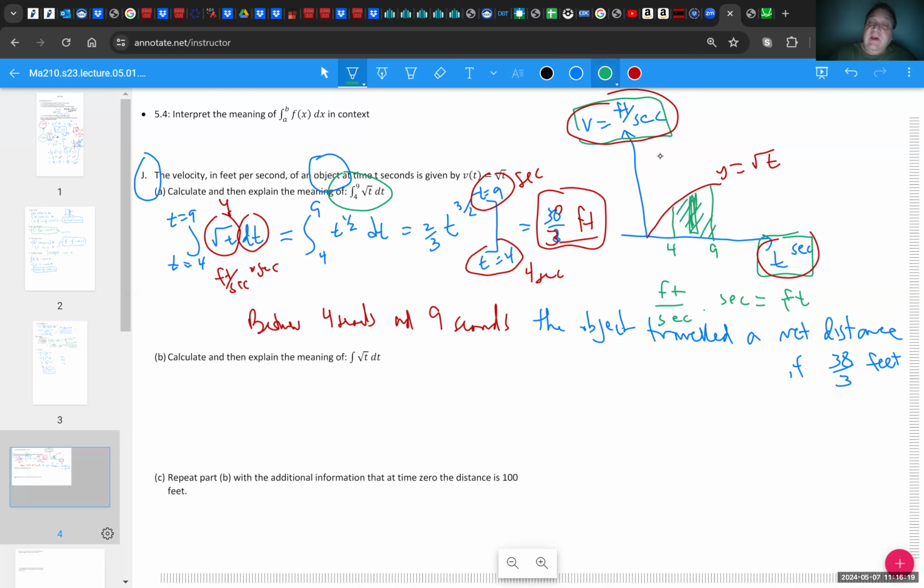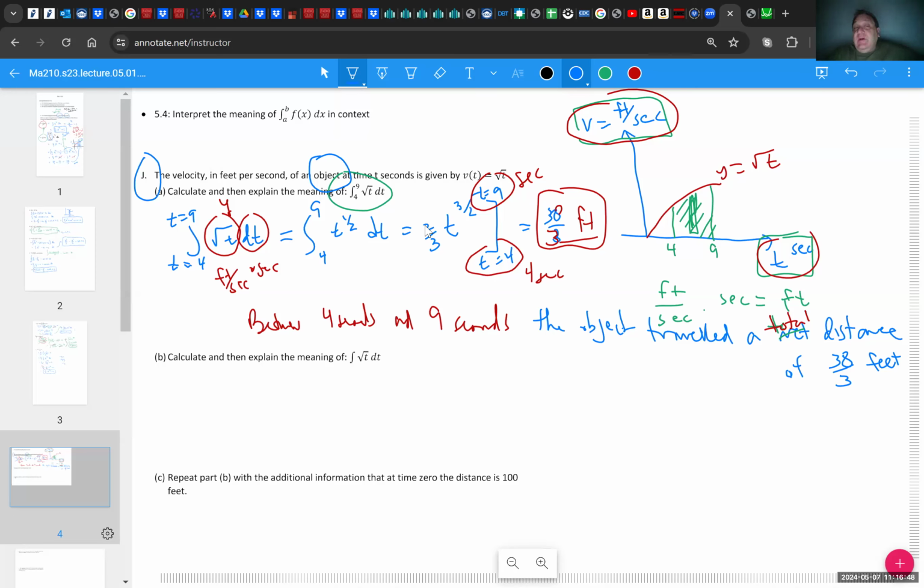Of course, this is all positive, so in this case you could just say the total distance, because there are no negatives, no negative area or negative distances. Since all the distances are positive, you can say the object traveled a total distance of 38 over 3 feet. In general, it could be a net distance because some of the distances could be backwards, a negative distance if it goes below the x-axis.